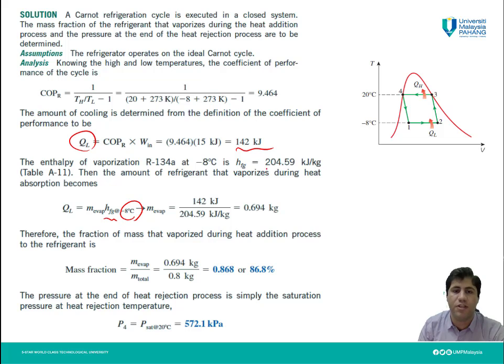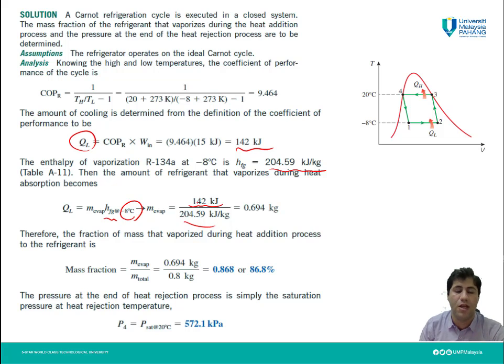So we have HFG. This amount of HFG means to evaporate 1 kilogram of this refrigerant, we need 204.59 kilojoule of energy. What we have here is 142 kilojoule of energy. So how much of the refrigerant can this energy evaporate? Simply we can divide the energy which we have by the enthalpy of phase change.